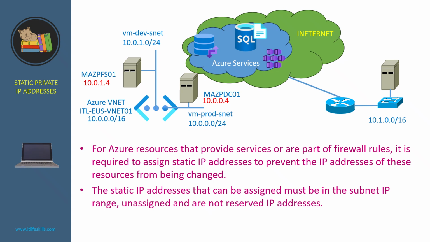So to assign the static IP address for this VM, we have to use an IP address in the production subnet range that is not assigned to any other resources and is not a reserved IP address. So the best option is to use the IP address dynamically assigned to the VM and make it the static IP address.